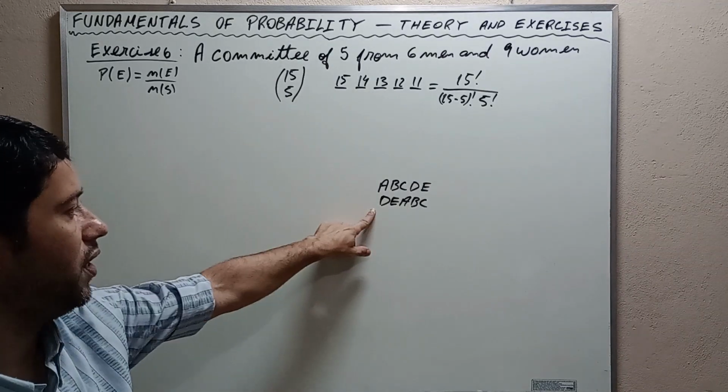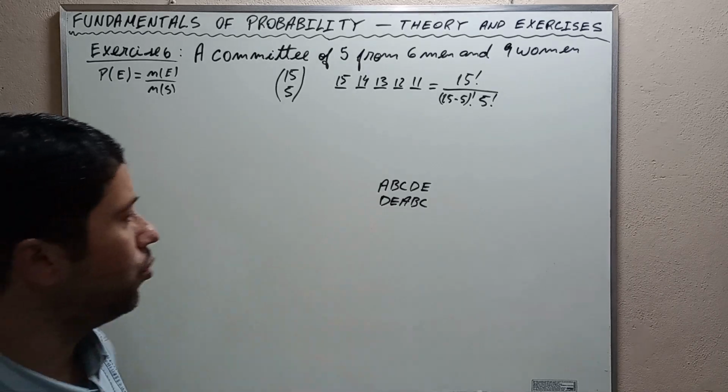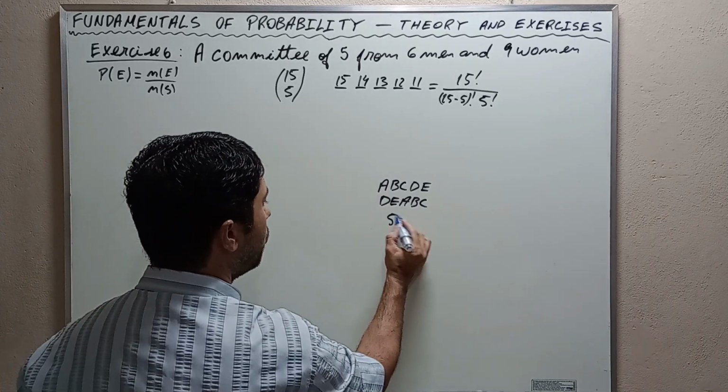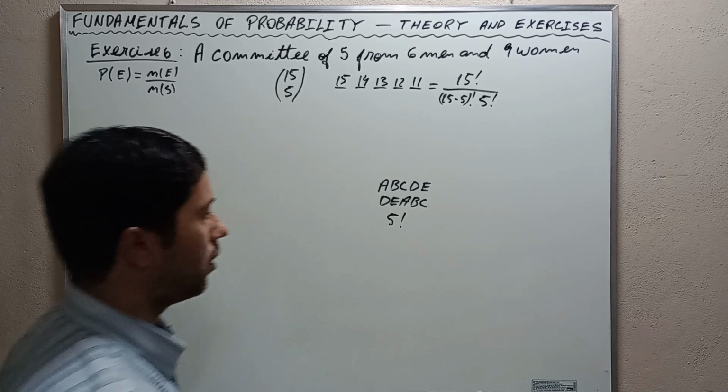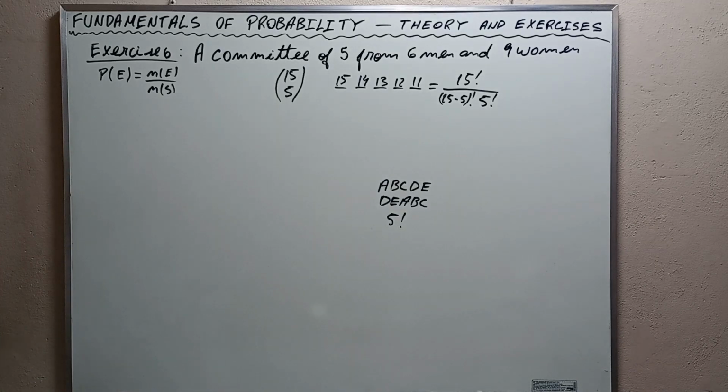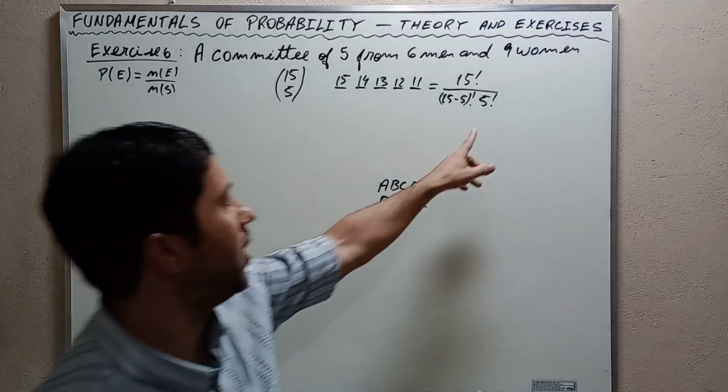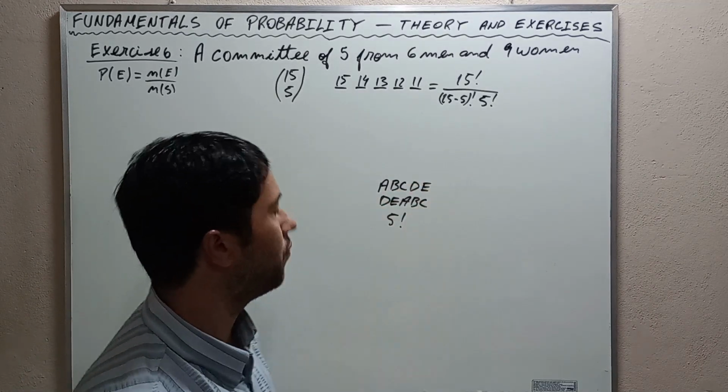We have 5 factorial committees made up of the same people, and this counts as 1 because it is the same committee. That's why we divide by the factorial of 5.